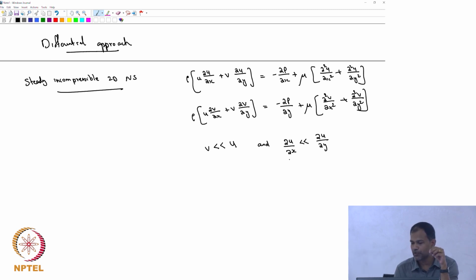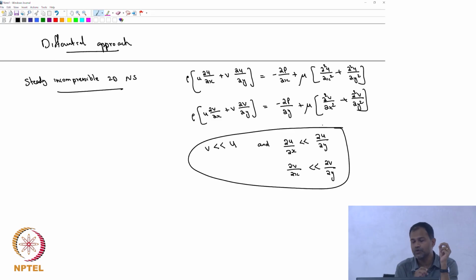So this approximation is good for a boundary layer. Also ∂v/∂x is much smaller than ∂v/∂y. These three approximations are found to be good for a boundary layer if the boundary layer is very thin.